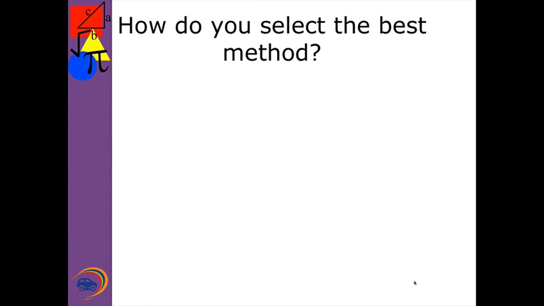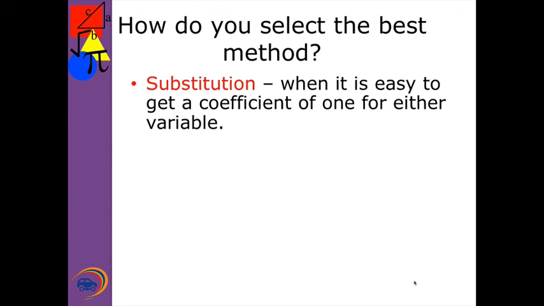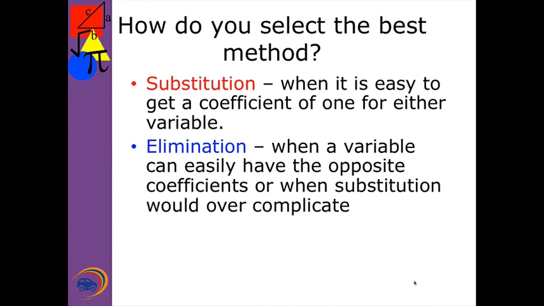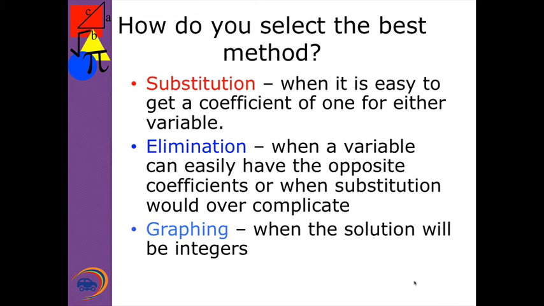Welcome back. How do you select the method? You do substitution when it's easy to get a coefficient of 1 for either variable. So if there's a coefficient of 1 or something easy to do, that's the best. It's easiest to use elimination where we can get them opposite, or when substitution would overcomplicate where you get a lot of variables. And the last method you choose would be graphing.